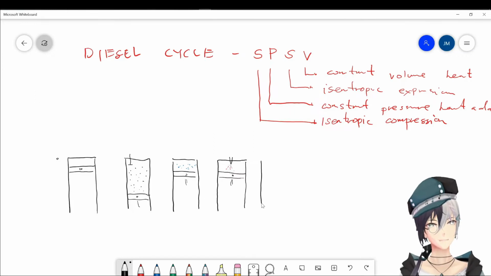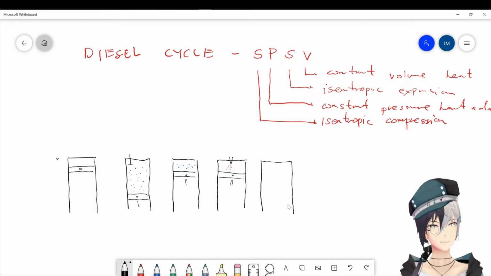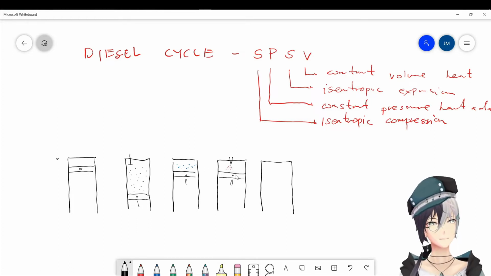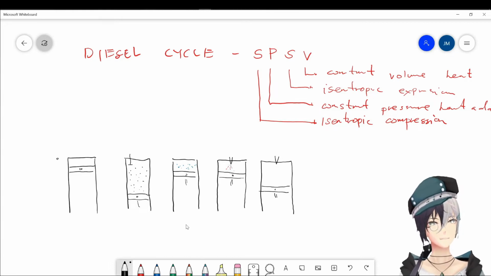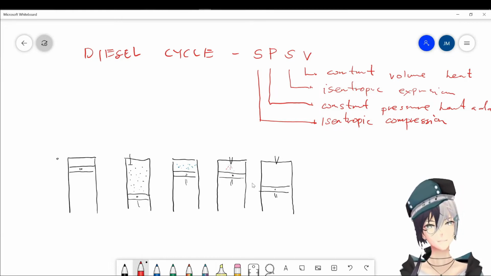So it goes like this. So you have your piston, and so as to maintain the pressure constant, the piston moves down until here, while fuel is injected.